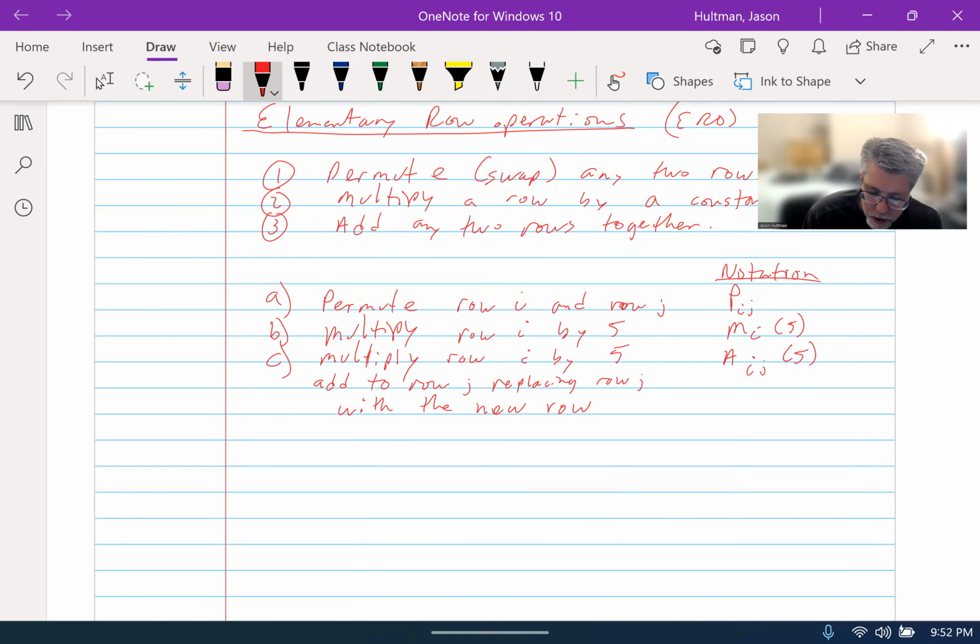You could say, well, I'm going to multiply row J by a -1, and then add that to row I, and that's row I minus row J. So that's how you do subtraction. If you want to do division, you just multiply a row through by a fraction. Okay, like if I wanted to divide a row by 5, I would just multiply the row by 1/5.